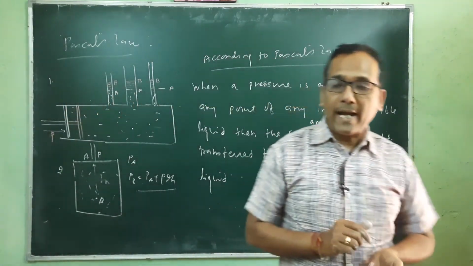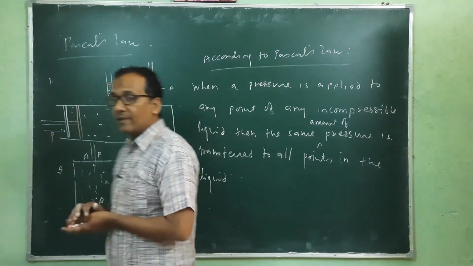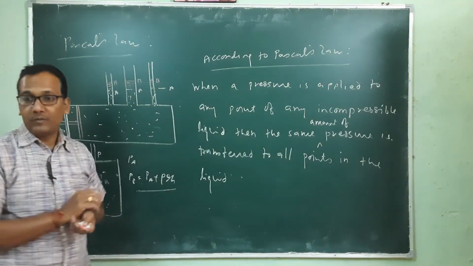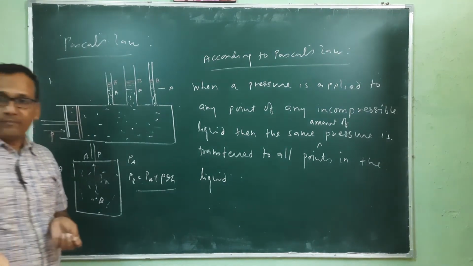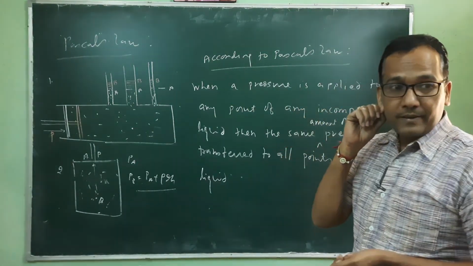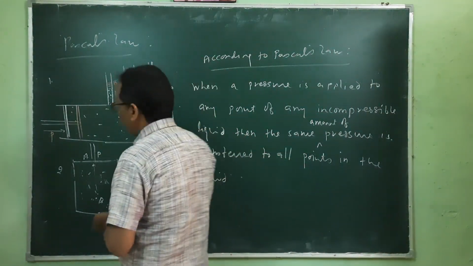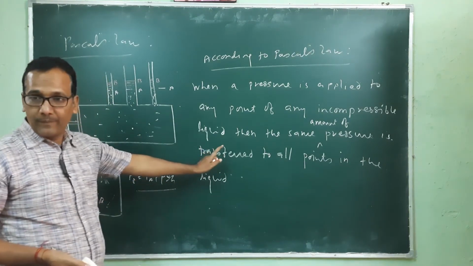So one hydraulic gas, it is a very wonderful discovery because of this Pascal's law. By using one small pressure, very heavy objects can be lifted to a specific height. That is just because of this Pascal's law. So let us discuss. Is it okay?